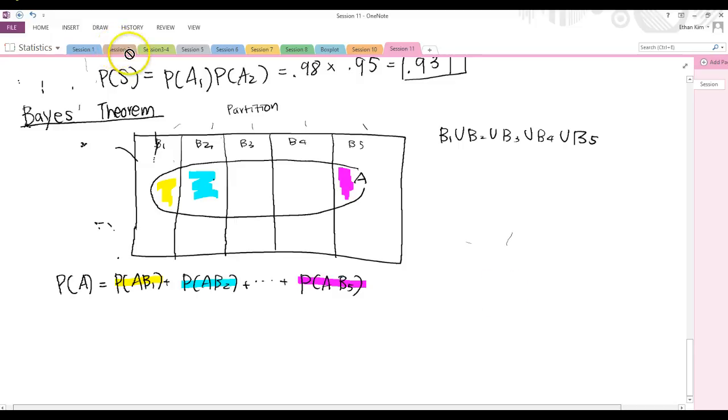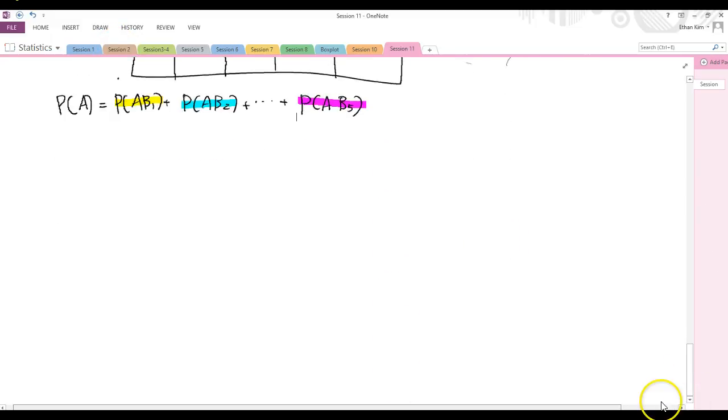Okay, we're back. So we're going to look at an example to better illustrate this.